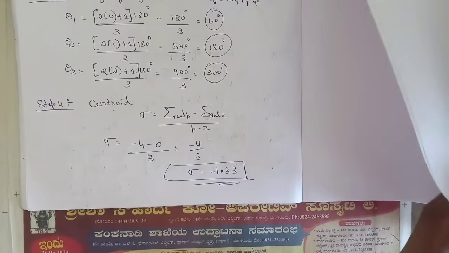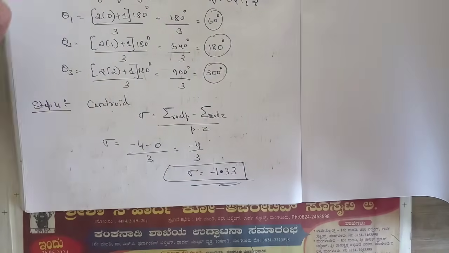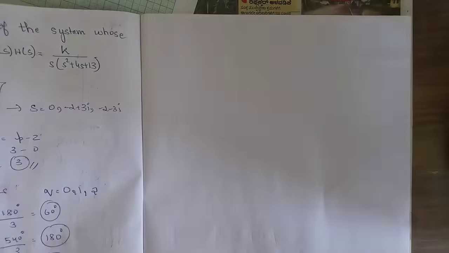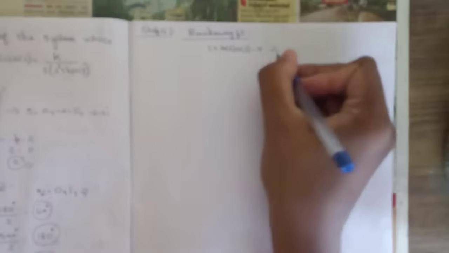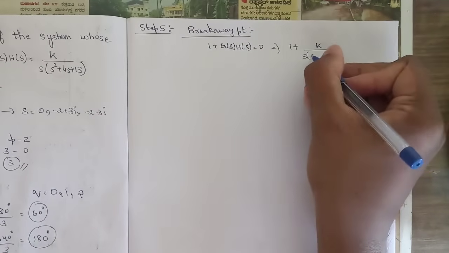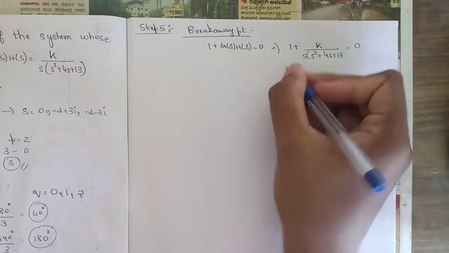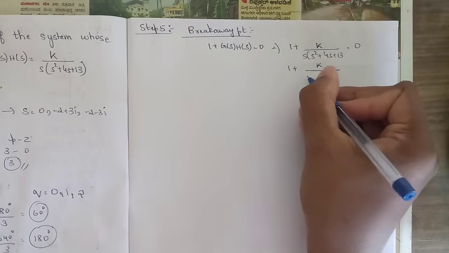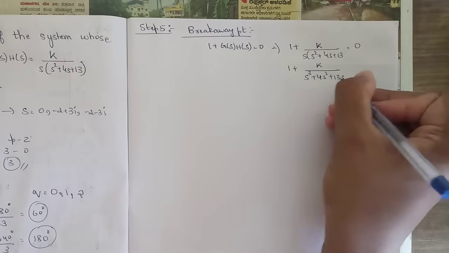Okay, so now let's calculate the next step, that is the breakaway point. This is the formula to calculate the breakaway point, that is 1 plus g of s into h of s. They have given it as k divided by s into (s square plus 4s plus 13) equal to 0. So 1 plus k divided by (s cube plus 4s square plus 13s) is equal to 0.